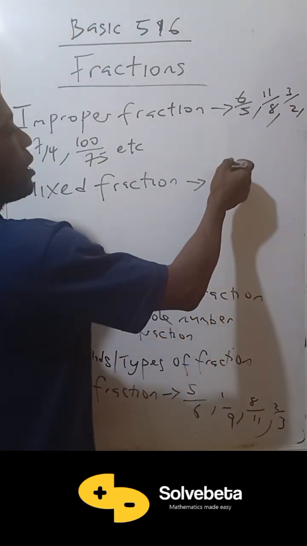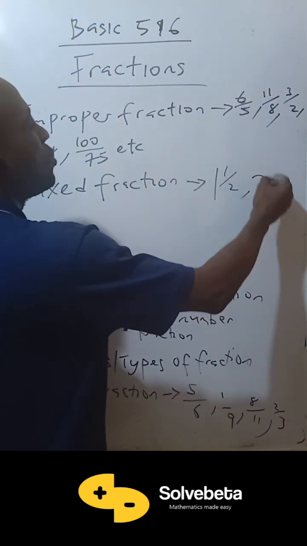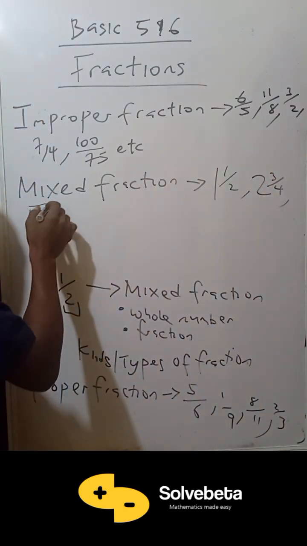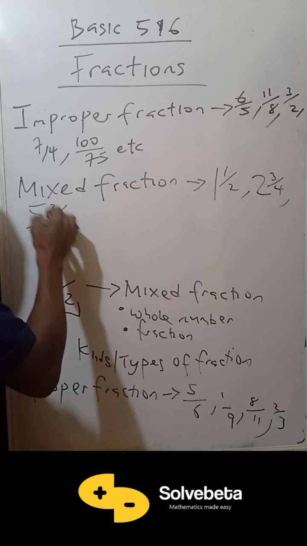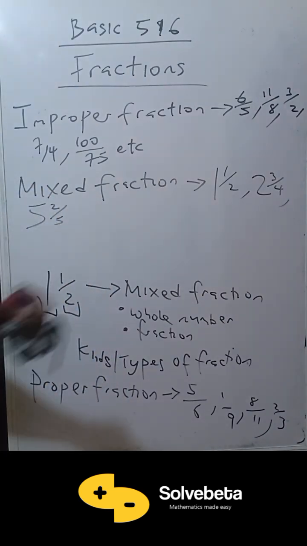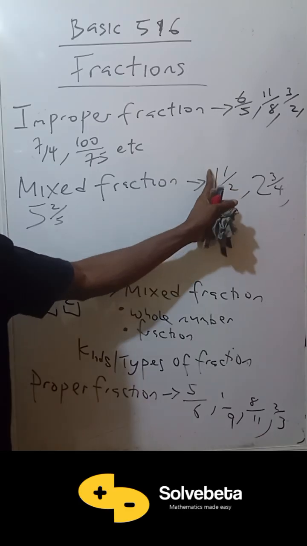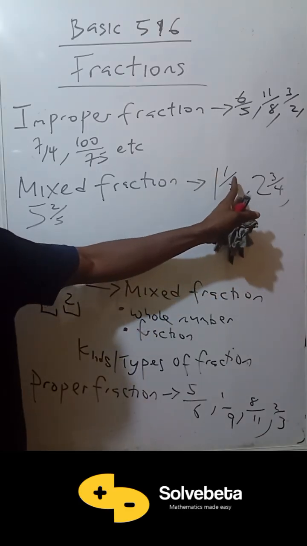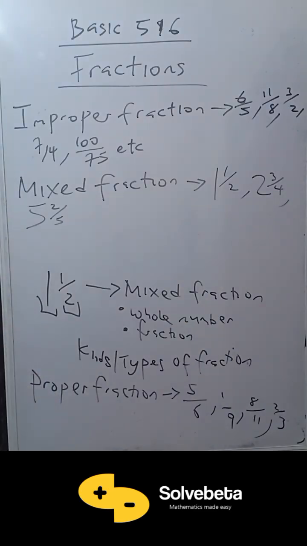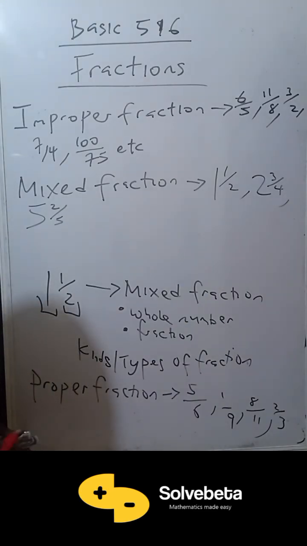This is the whole number, and you have a proper fraction. And this is how it is written: you write the whole number, then you put the proper fraction beside it.